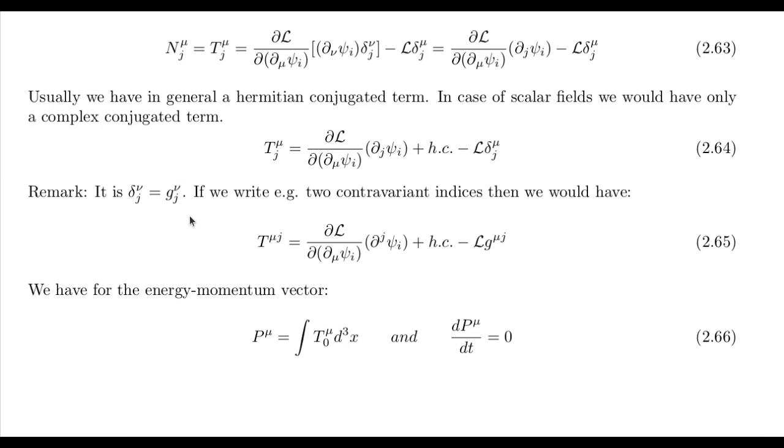And if we want to write the complete contravariant version of the energy momentum tensor here, we have to write this. So, and here we haven't got a delta, we have a G.